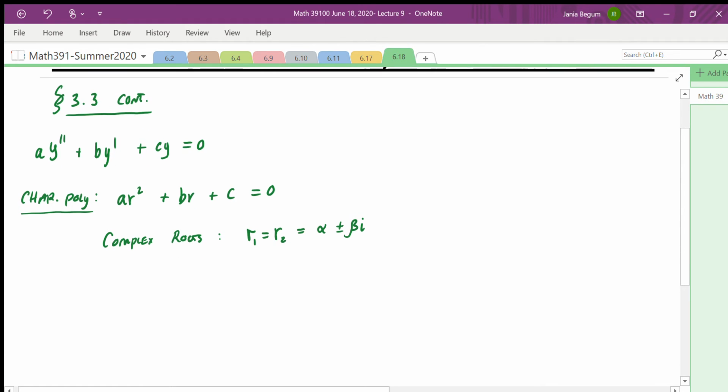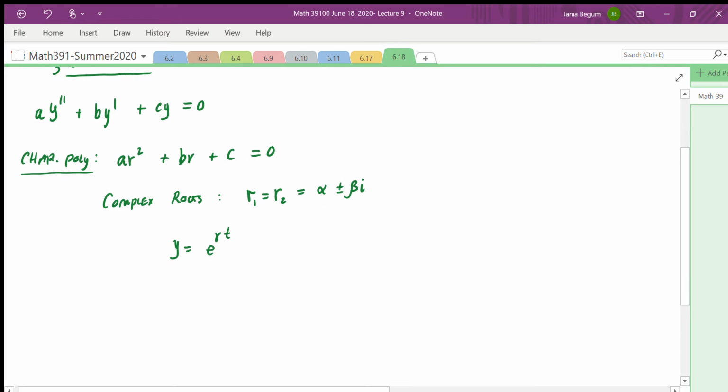So that means the solution that we assumed was y equals e to the rt. Well, if r is complex, then our solution would look like y equals e to the (alpha plus and minus beta i)t. Now the idea is we want to simplify this.